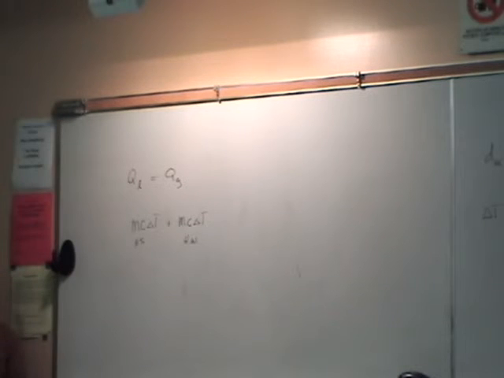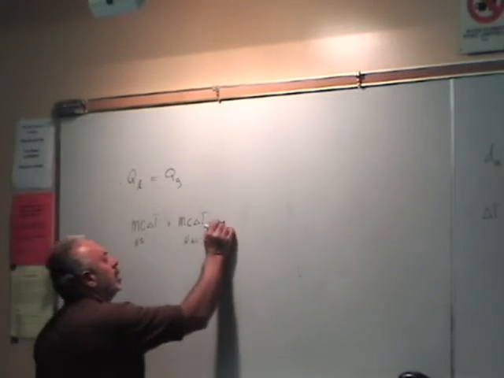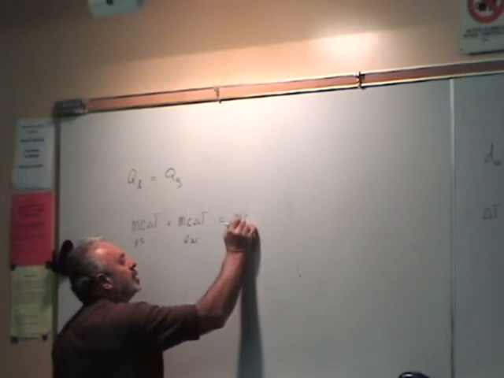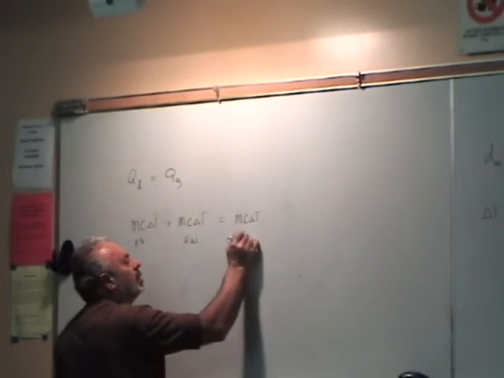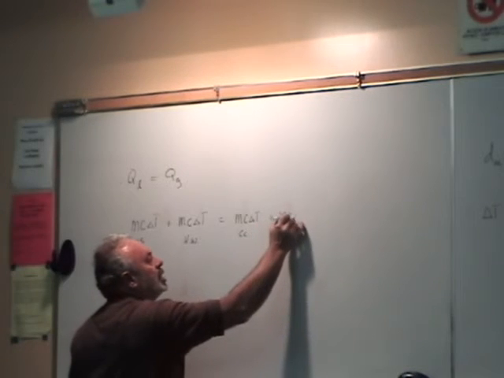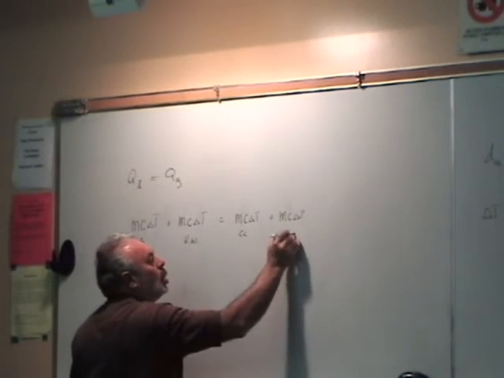Now, what gains heat? The water and the cup, that's right. MC delta T for the calorimeter cup plus MC delta T for the cool water.